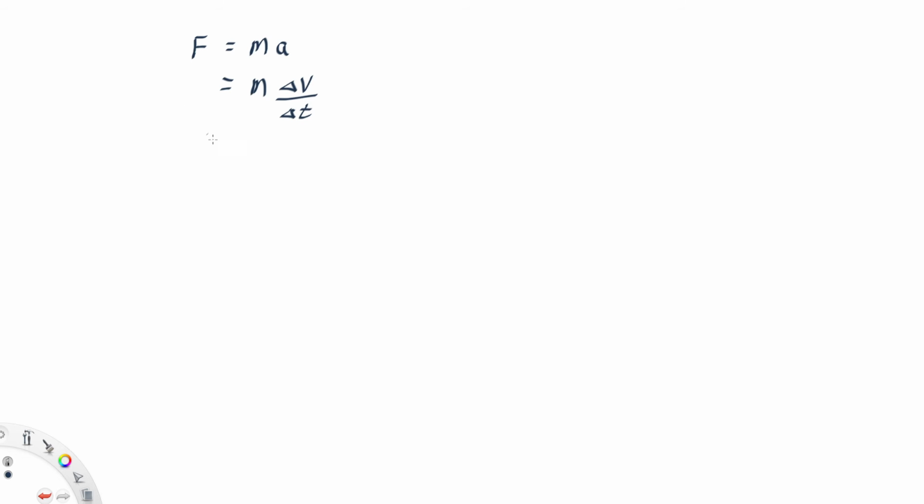So we can do a little rearranging of this and say F, the force, times a change in time, equals mass times a change in velocity. And if mass is constant, we might as well do a little trickery like this: the change in mass times velocity is equal to a force times the time. This thing on the left-hand side, we call impulse.